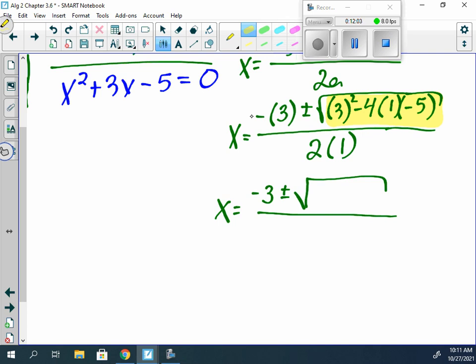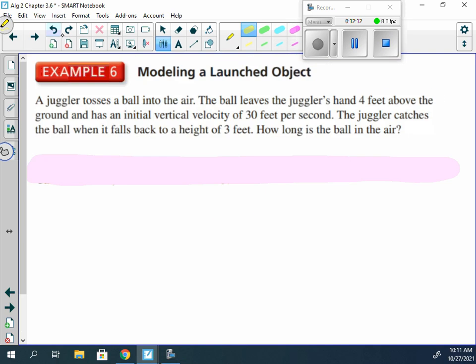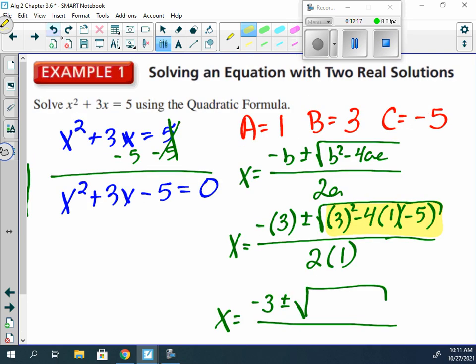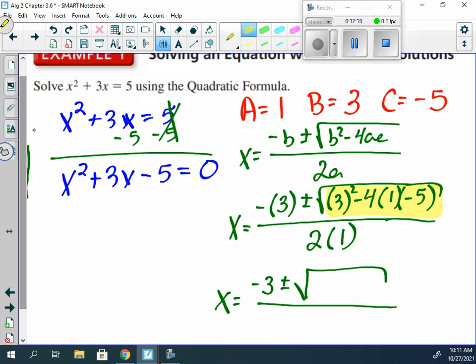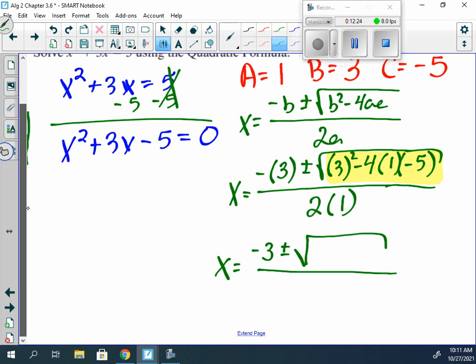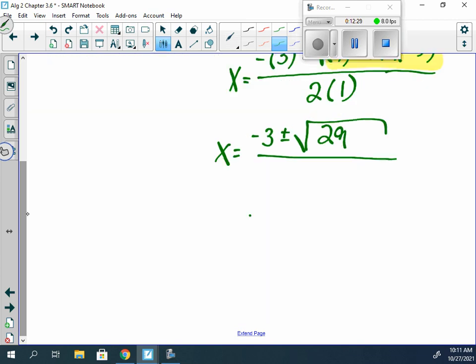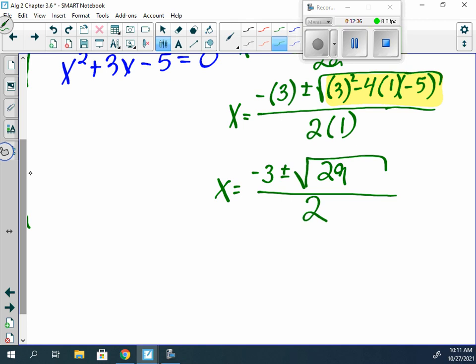I could do negative 4 times 1 times negative 5, which would give me 20. And it would tell me that it's 29. Over, because 2 times 1 is 2.